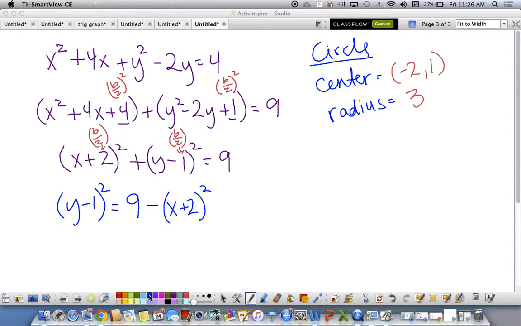Let's take the square root. Then you know what to do. So what are we left with when we take the square root of (y minus 1) squared? It's positive and negative: y minus 1 equals positive or negative.